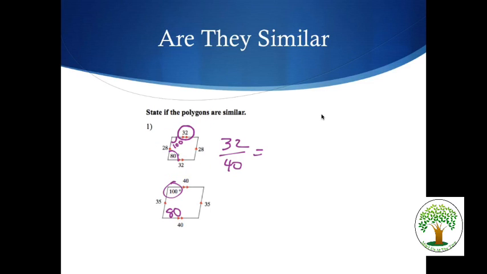And 28, we have to put it on the top of the fraction because we put the 32 on the top of the fraction. Okay, so what goes with 28? 35. Do these reduce to the same number? What can I take out of 32 and 40? 2, so I'll have 16 over 20. I can do that again. I can take 4 out of those. So I'll have 4 over 5, I believe.